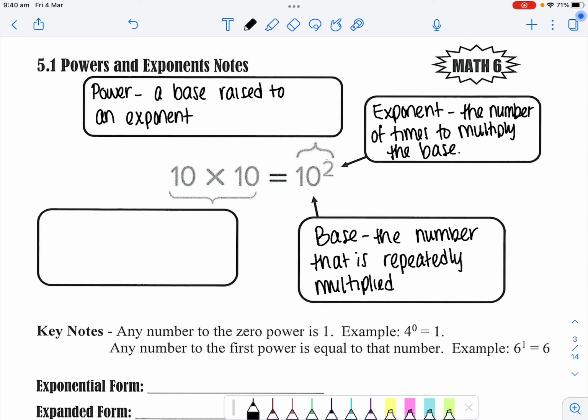Okay, so in this expression, 10 times 10, those are the same base being multiplied together, and that equals 10 squared. So I can write 10 times 10 as 10 squared. So these are the factors being multiplied.